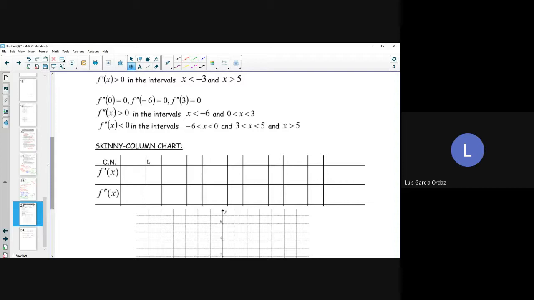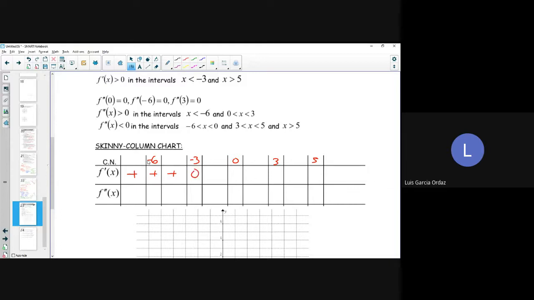You have your critical points. You have -6. You put them in order. You have -3, 0, 3, and 5. So in our first derivative, based off our characteristics, it says I'm increasing when x's are less than -3. So this is positive, positive, positive, which means I also have a 0 over here.